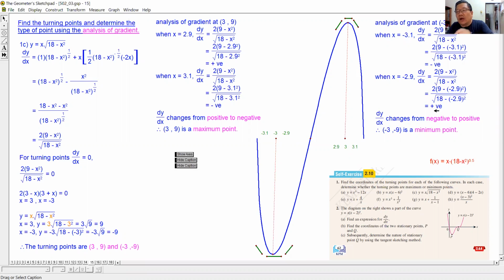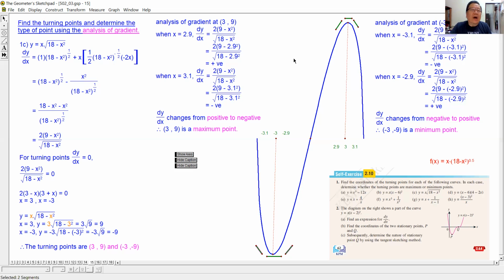You just use your calculator, and you see that it's a positive number. And the dy dx changes from negative to positive. You look at the graph here, negative to positive, so it is a minimum point. So I say that this point, -3, -9, is a minimum point.